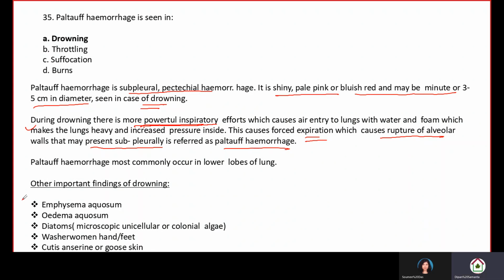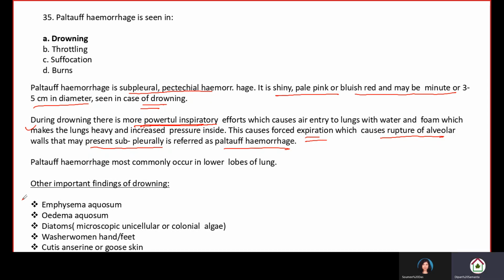And due to that, what happens? More water goes into the lung, into the respiratory tract, and the lungs become heavy, and pressure increases inside the lung, inside the respiratory tract. When the body finds that the respiratory tract is full of water, we have to expel it.